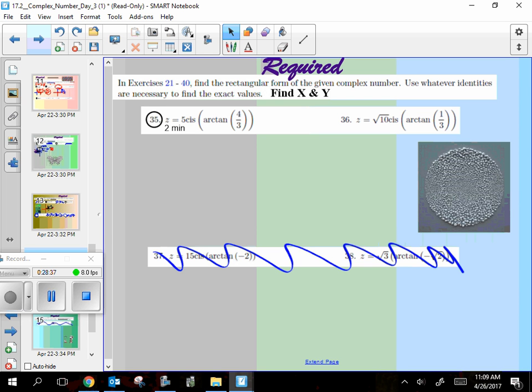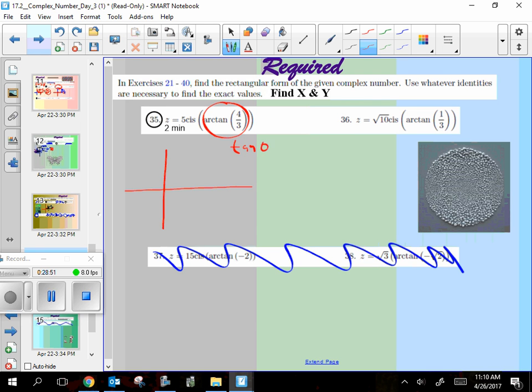So what about that one? All right. Back to a picture again. If I have arctan of 4/3, do you agree that that means tangent of the angle is 4 over 3? That's TOA, opposite over adjacent.